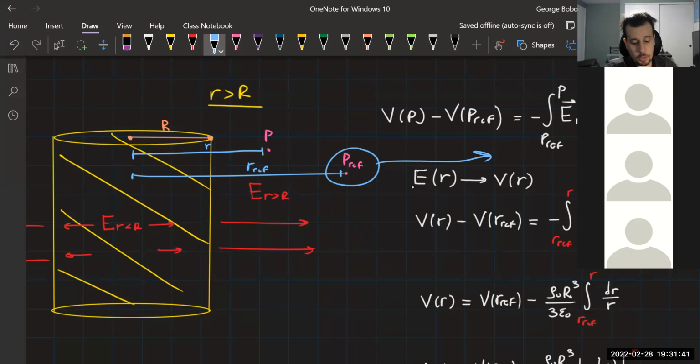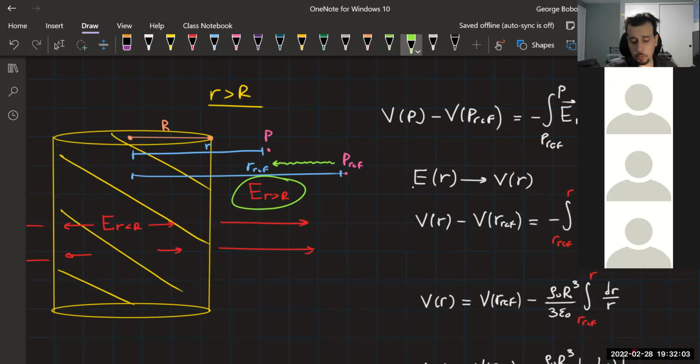This was just dragged out to infinity when you're doing spheres. Now it's not. It's at some finite distance. And your trip, where we're doing this integral here for the potential, is like this right now. You just traverse this electric field for a little while, for this amount over here.